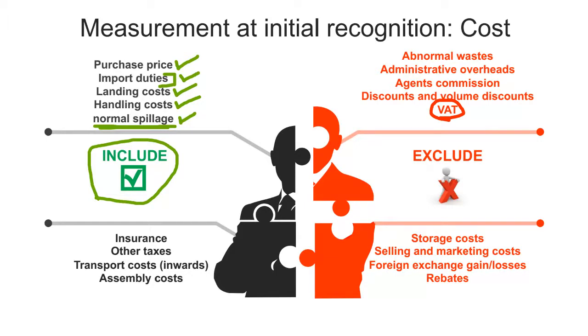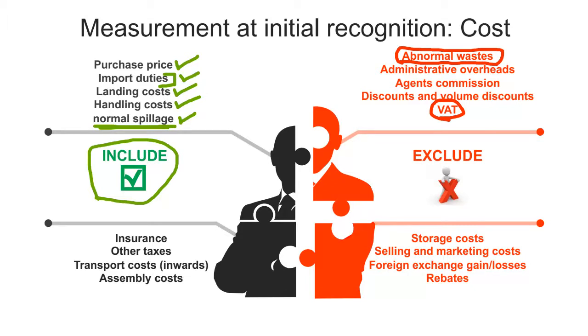So therefore, normal wastage is included, but any abnormal wastage is removed from the cost of inventory. So abnormal wastage is removed from the cost of inventory, okay?